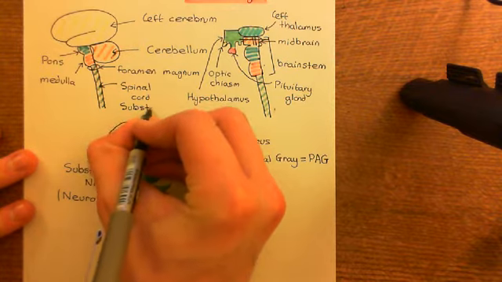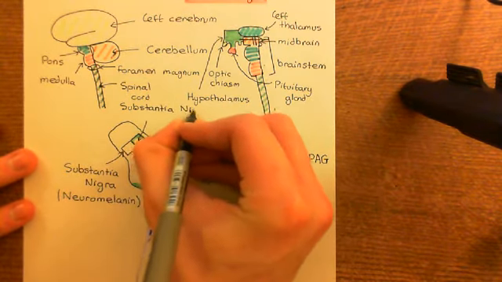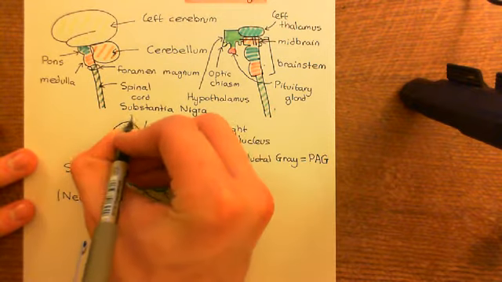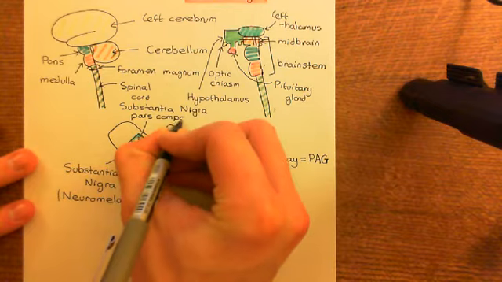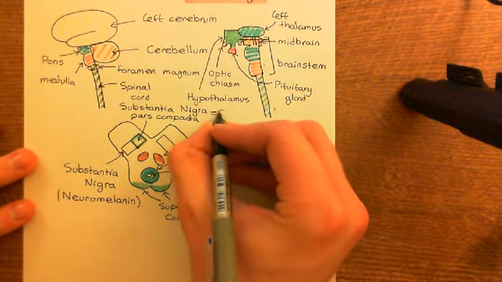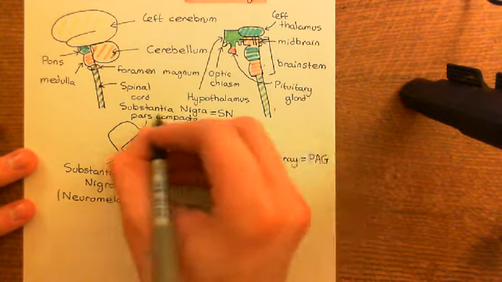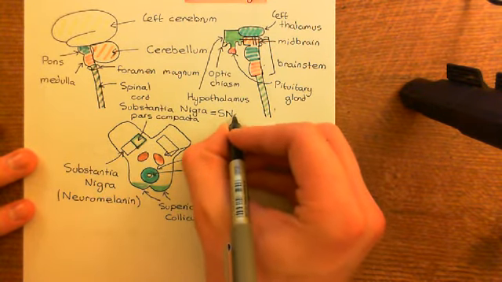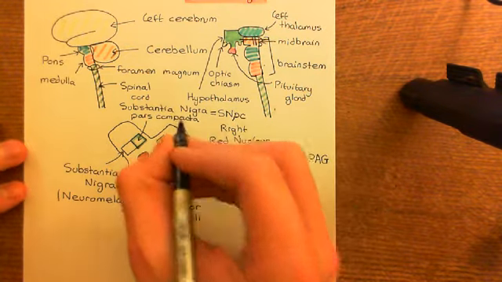These names get very long, but luckily we have a nice abbreviation for all of this. So this is going to be the substantia nigra pars compacta, and this is the first portion of the basal ganglia that we are seeing, located within the midbrain. For short, it is abbreviated to SN for substantia nigra, and then PC for pars compacta.